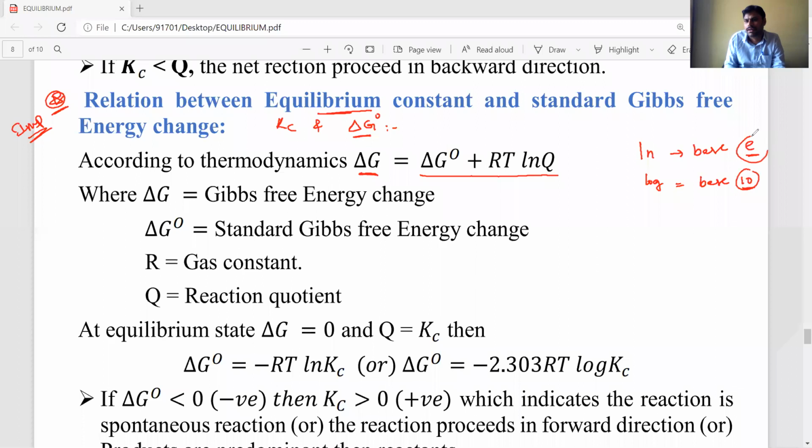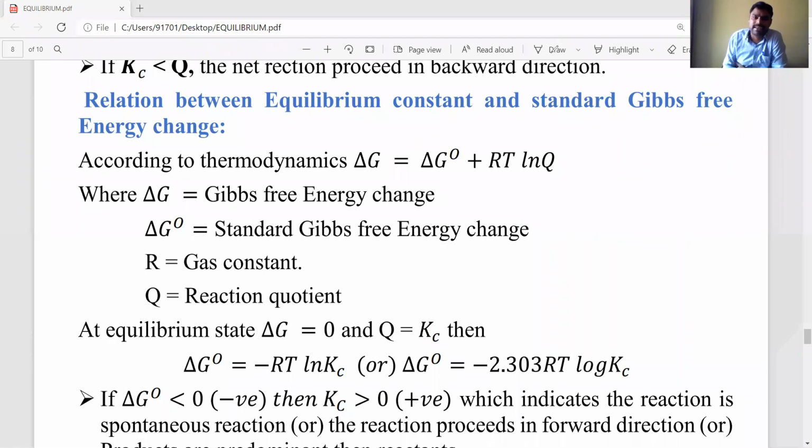You have to remember this. To convert ln into log, we must multiply by 2.303, so 2.303 into log. You have to remember this. Okay, students, let's listen.